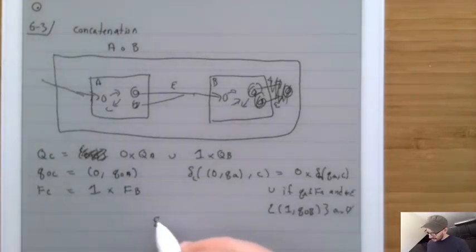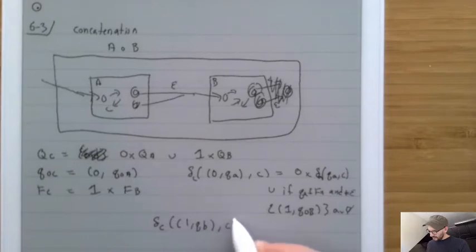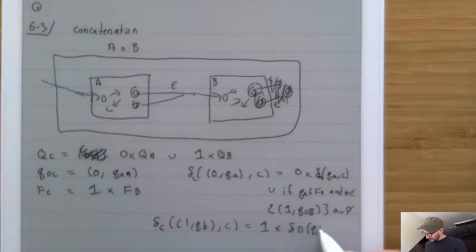And then we say that delta C of 1 QB C is equal to 1 cross delta B QB C. Okay, so that's really simple, right?